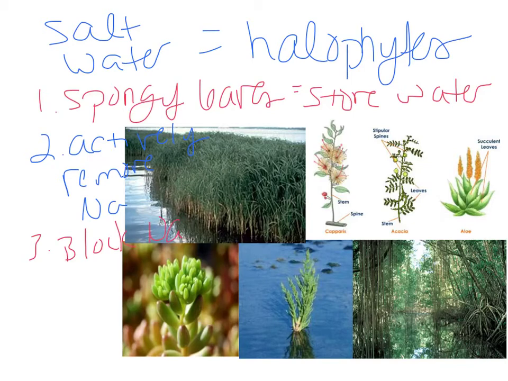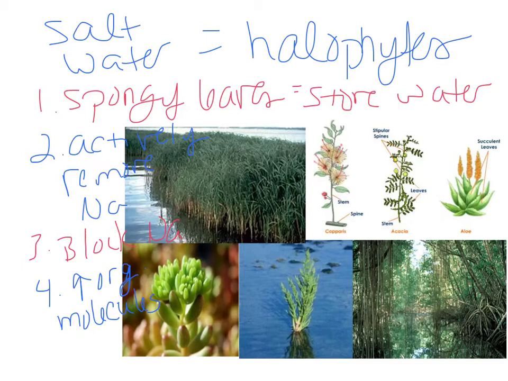And then you also have some that have an increased production of organic molecules, essentially of solutes. Because of this increased production of organic molecules, they can affect the water potential of the roots, which can impact how much of the salty water is coming into the roots.